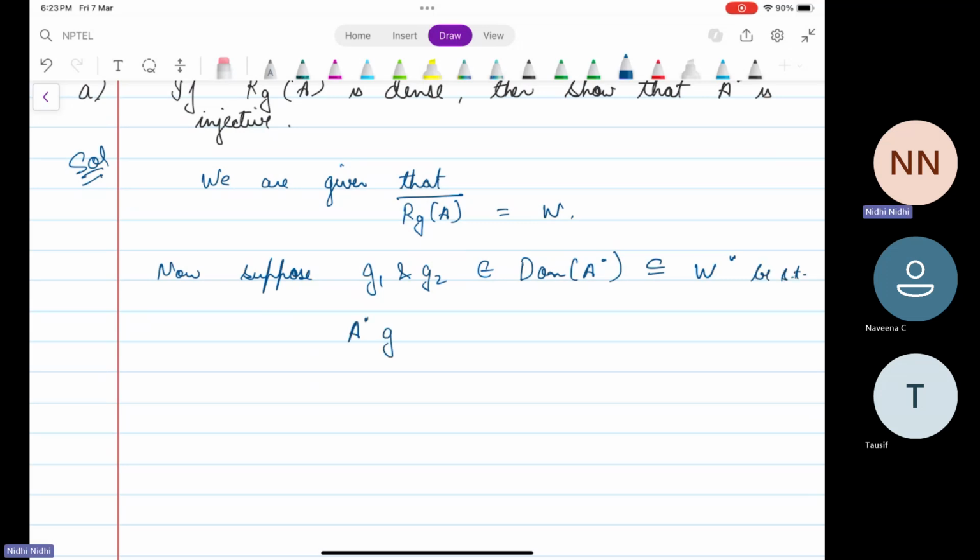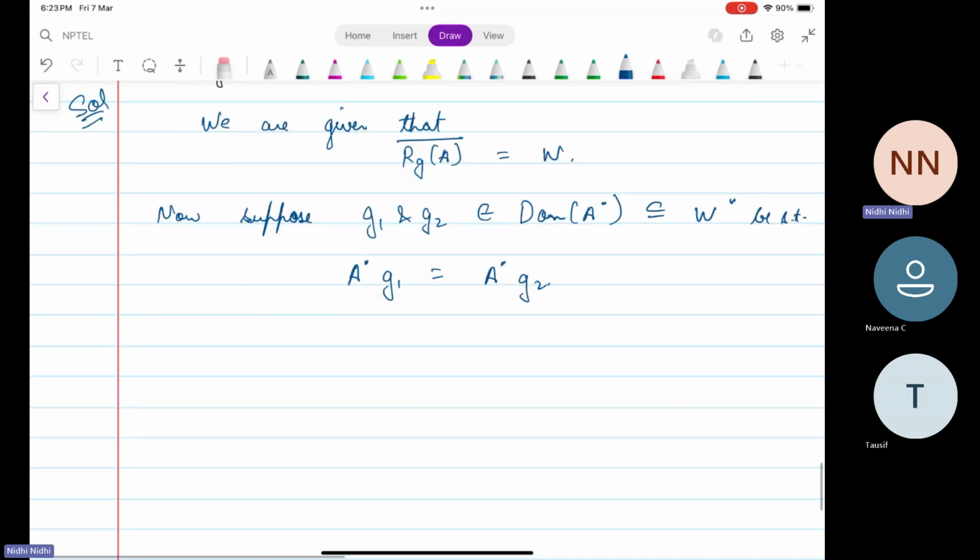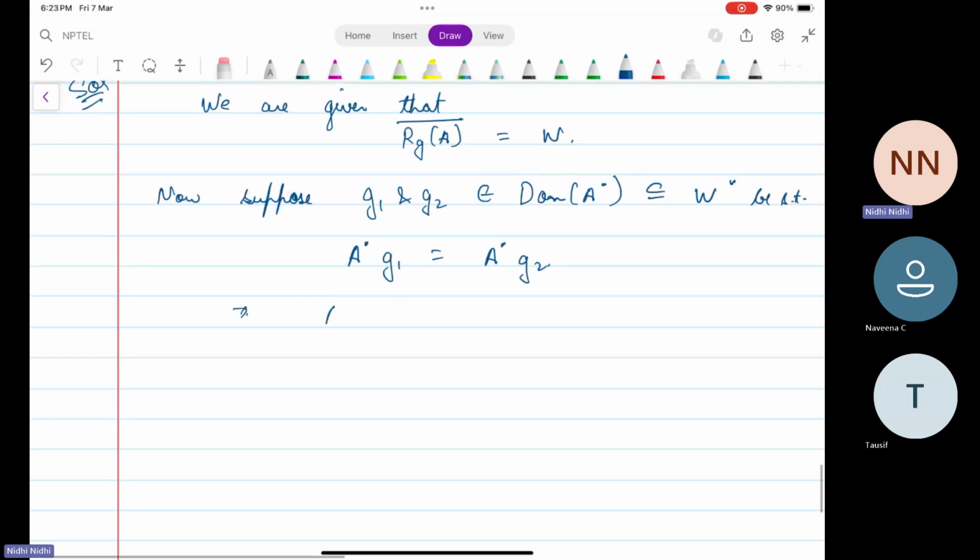A star g1 is equal to A star g2. That means A star g1 at v is equal to A star g2 at v for every v in V, because A star g1 and A star g2 are elements in V star.